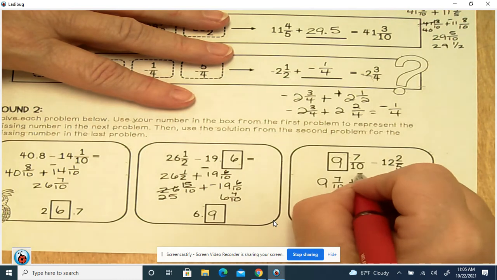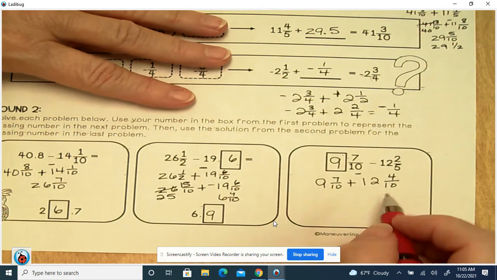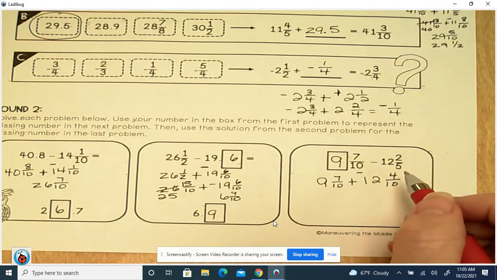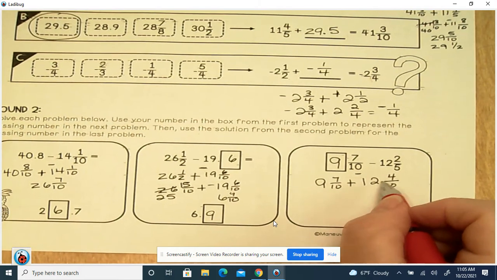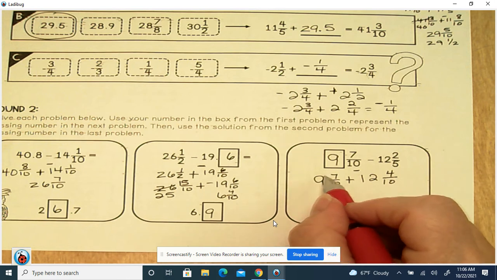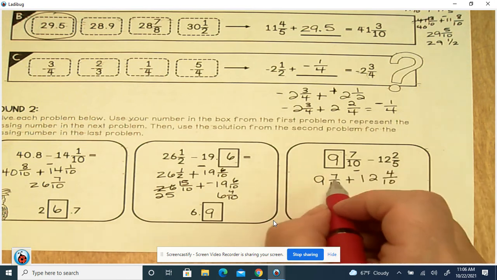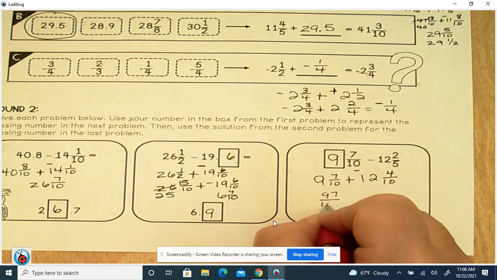Change the minus to a plus, change the sign on next. And to do this one, I find it easier to, because even if you borrow, it's still not going to work. If I borrow one, that's going to make 17, but still, so let's make them improper. 10 times 9 is 90, so that's 97 tenths.